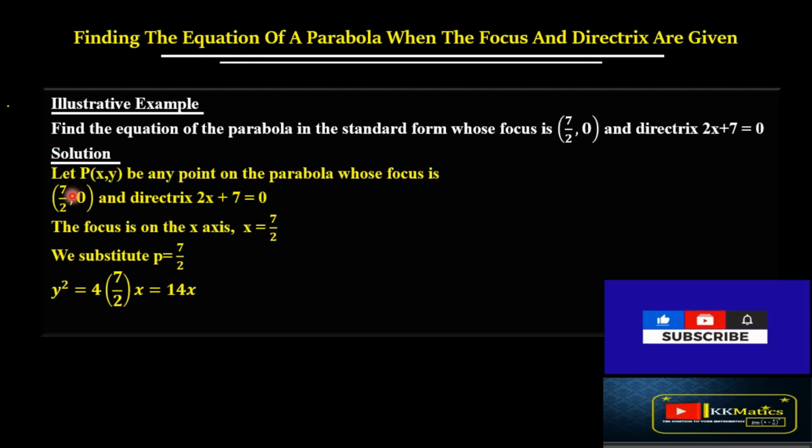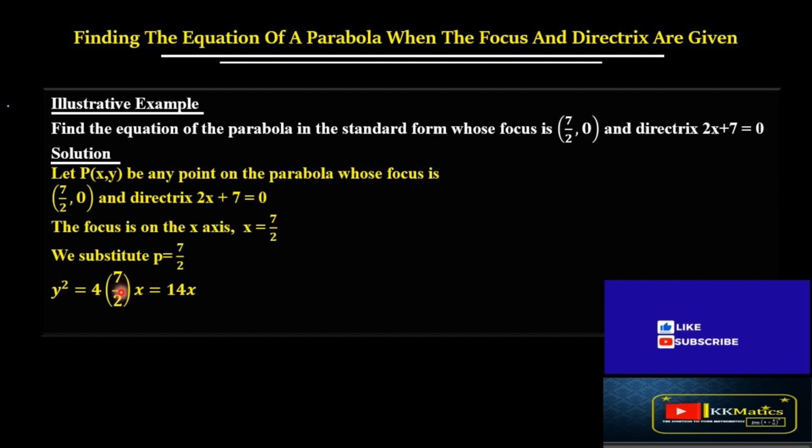It is the x coordinate or the y coordinate, and in this particular question our p is the x coordinate, which is 7 divided by 2. So with the standard form y squared equals 4px, we just substitute wherever we have p with 7 divided by 2.